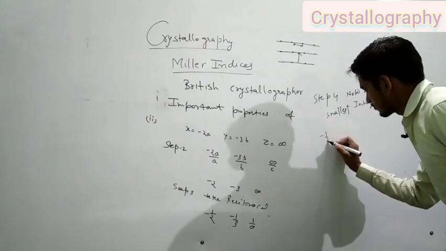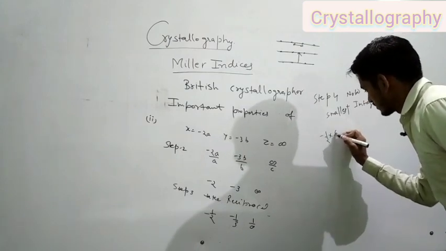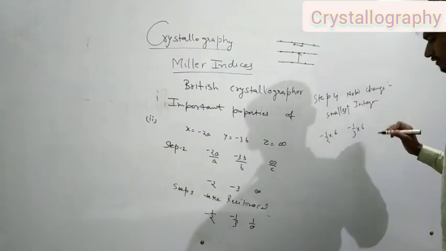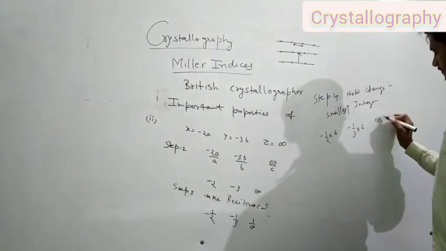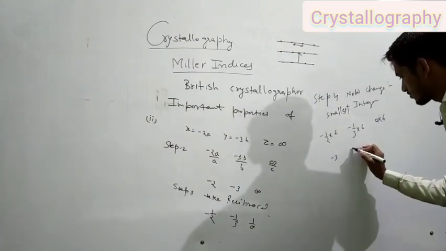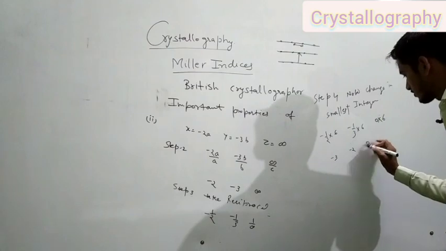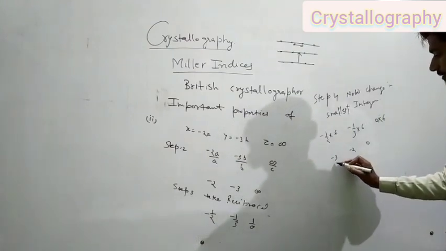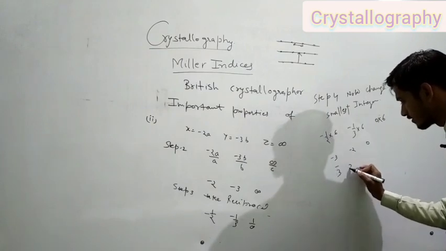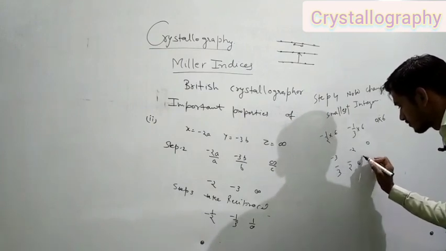Minus 1/2 into 6, minus 1/3 into 6, or 0 into 6: minus 3, minus 2, or 0. Now these Miller indices are represented by 3 bar, 2 bar, 0.